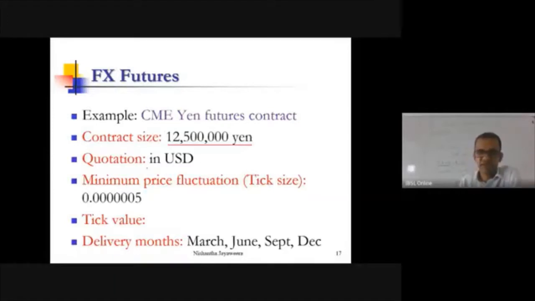But the price is quoted in dollars, not in yen. Then the minimum price fluctuation, that means the price can be changed at the seventh decimal place.